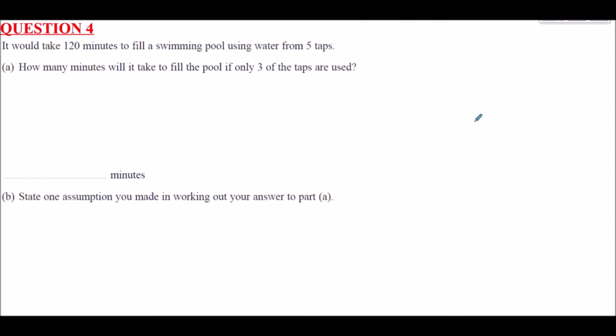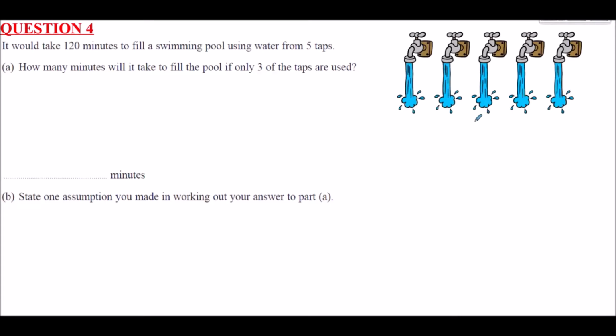Let's draw in these 5 taps. Each one's running for 120 minutes. This tap here has been running for 120 minutes, the second one, 120 minutes, and so on. They've all been running for 120 minutes.